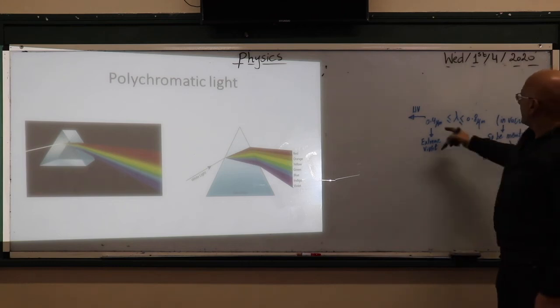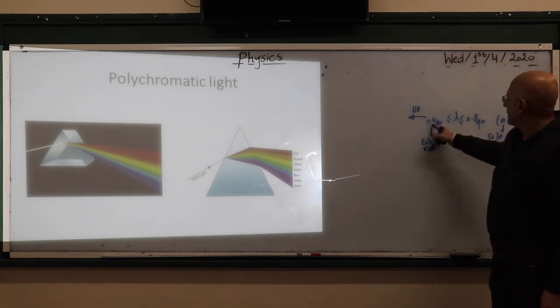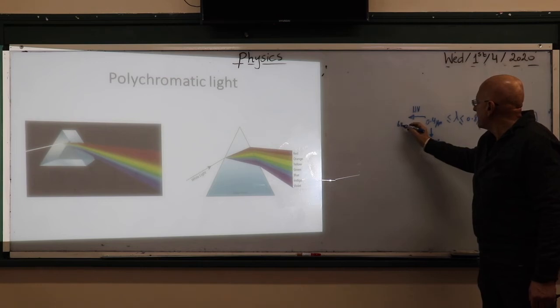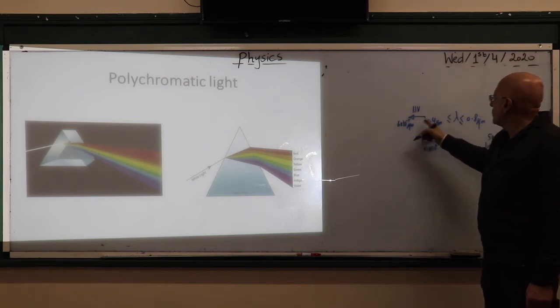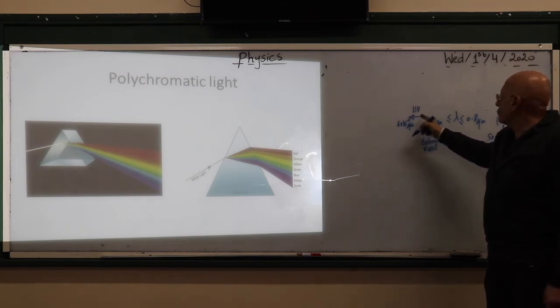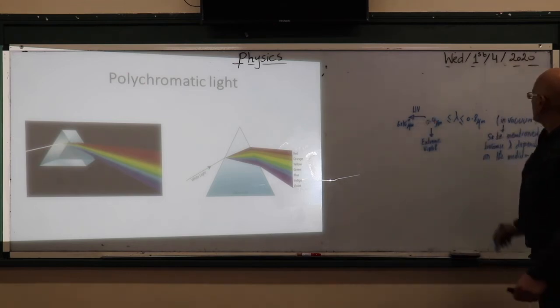The range of ultraviolet is from 0.4 micrometer till 6 times 10 power minus 4 micrometer. All the radiation within this range are ultraviolet.